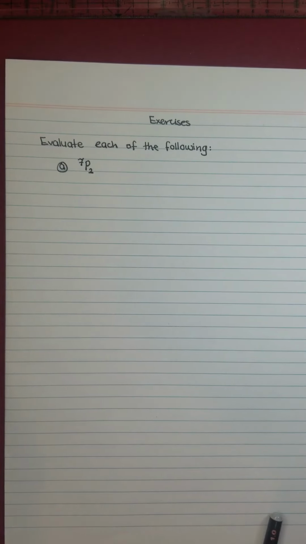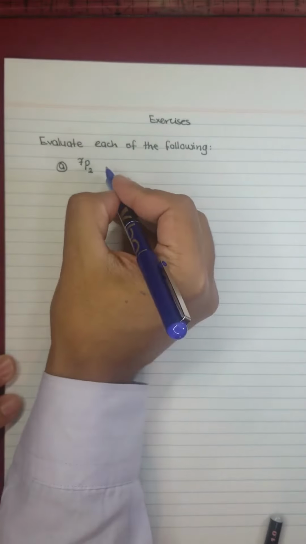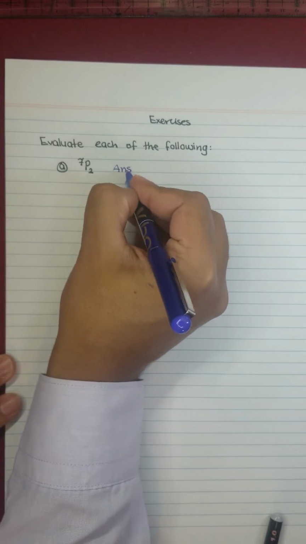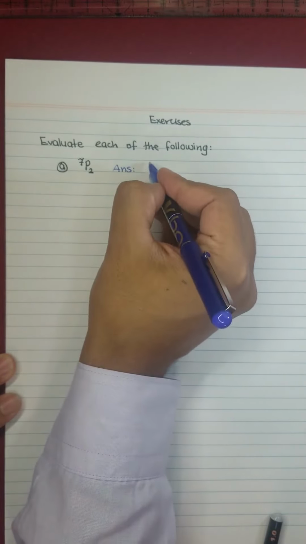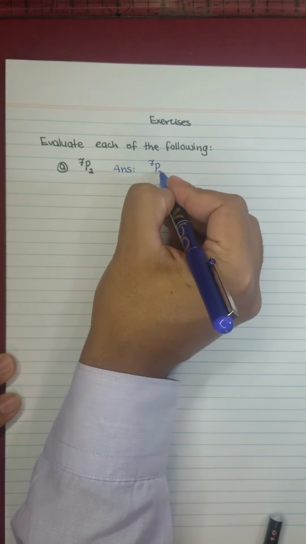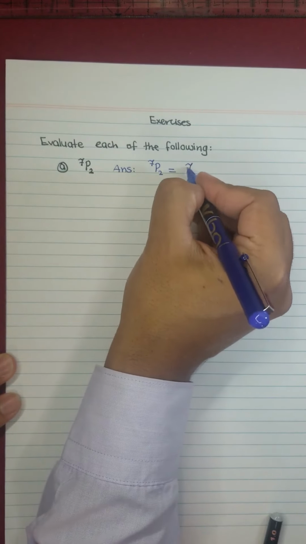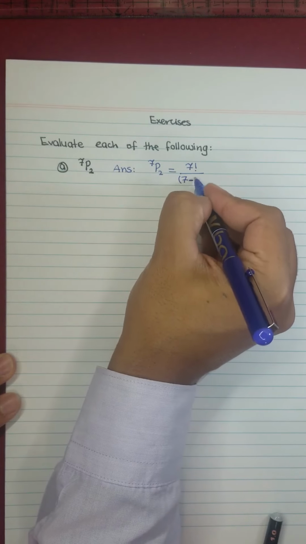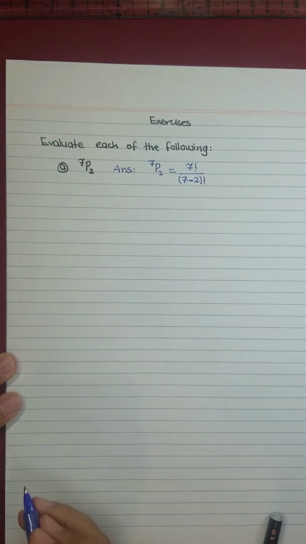Okay, so to solve this one, we can use the second relation, which is the relation between the permutation of n elements, nPr, and the factorial. So 7 permutation 2 is actually 7 factorial divided by 7 minus 2 factorial.